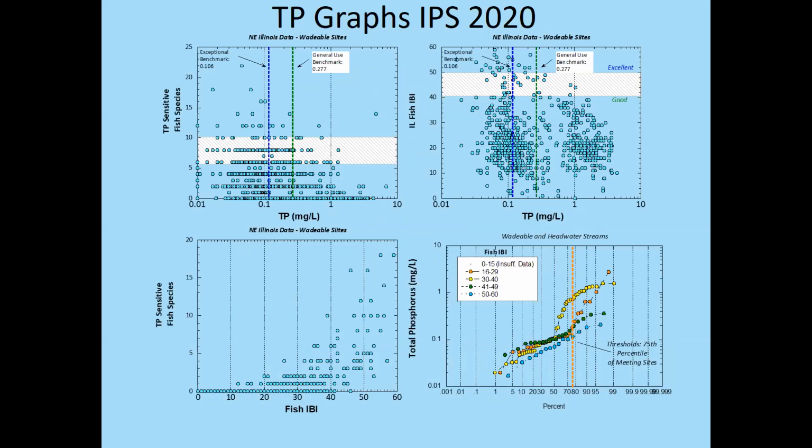You can see that we refer to the shotgun effect, where it looks like you've just taken a shotgun and shot it at a piece of paper. That's total phosphorus plotted against fish IBI, and you can see that it's really just eyeballing. It's hard to see any kind of relationship in there.